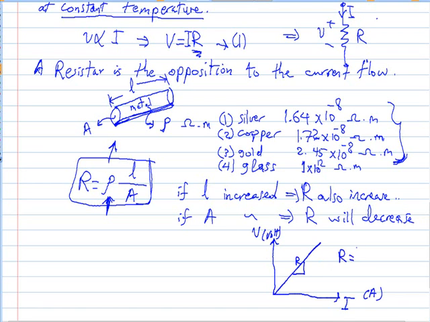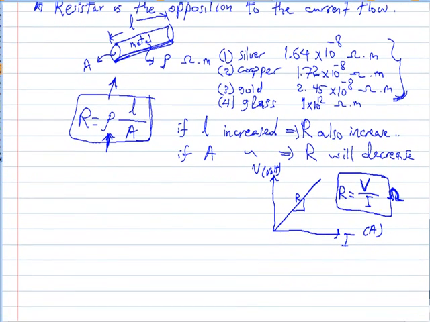So the resistance is the voltage divided by the current. And it is measured in ohm. It is named in honor of Ohm.